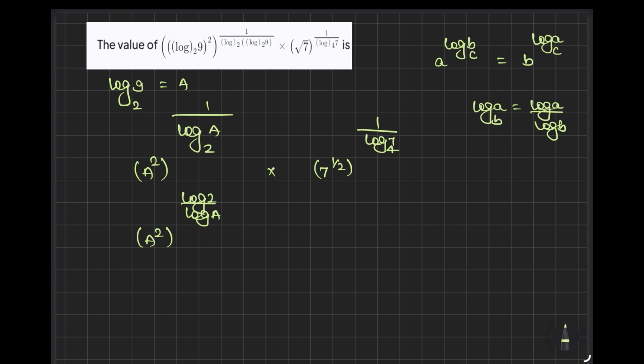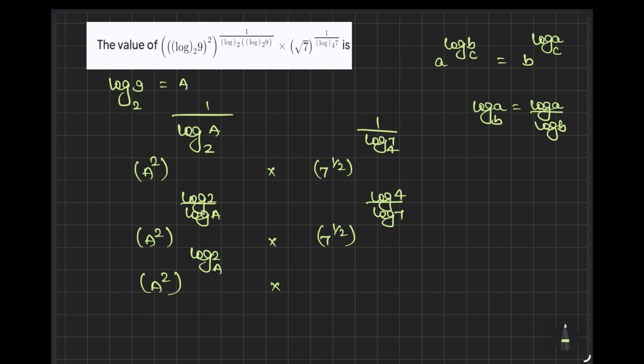Okay, so I'll do the same over here as well. 7 power 1 by 2, so it goes log 4 by log 7. Okay, now can I write down this thing as a square power log 2 base a?